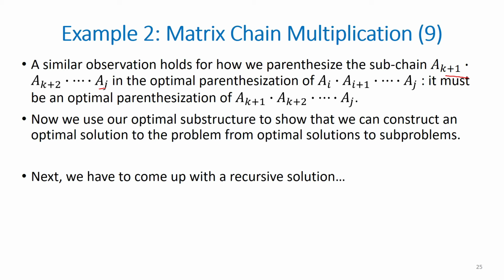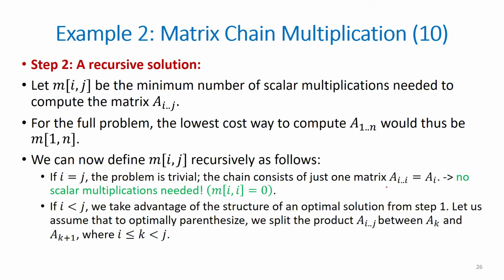Using this optimal substructure, we are now ready to derive the optimal solution to the original problem in a recursive manner. This brings us to step 2 of the DP formulation, that is deriving a recursive solution. We begin by defining a few variables. Let us denote by M[i,j] the minimum number of scalar multiplications that are needed to compute the matrix chain product Ai..j.